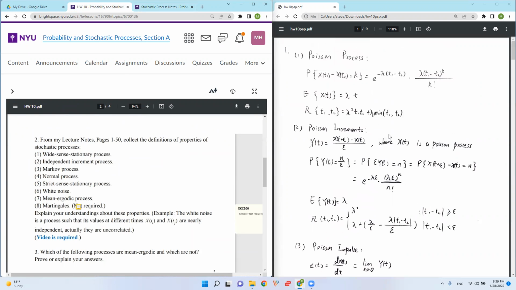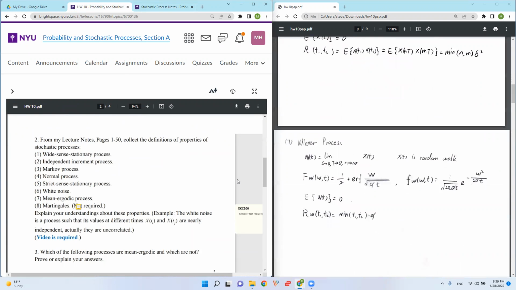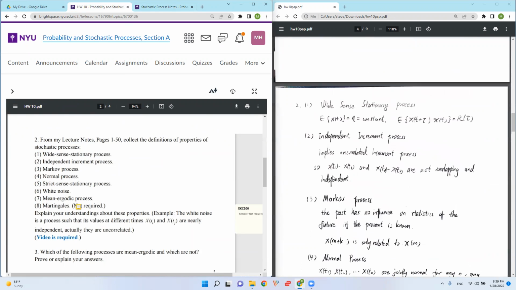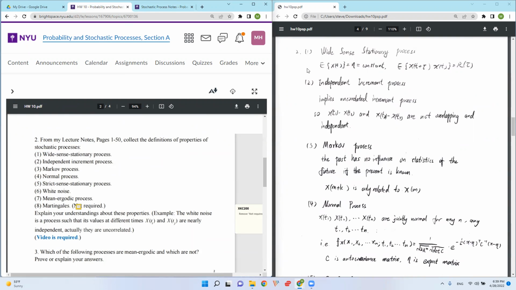The first one would be the wide sense stationary process, and it's right over here.